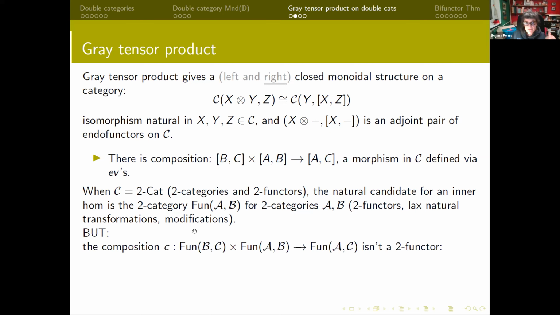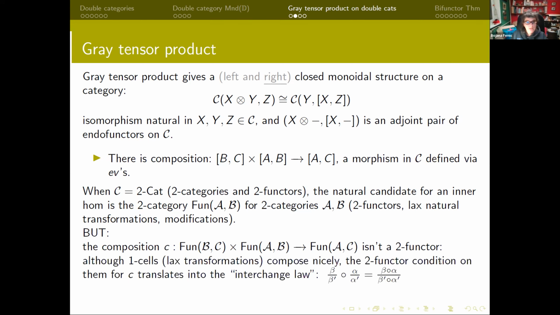But it happens that the natural composition that you can define among these 2-categories is not a 2-functor. So it should be a morphism inside here, a 2-functor, but it fails to be a 2-functor. Why is this? All the one-cells in these 2-categories, which are now lax transformations, compose nicely.